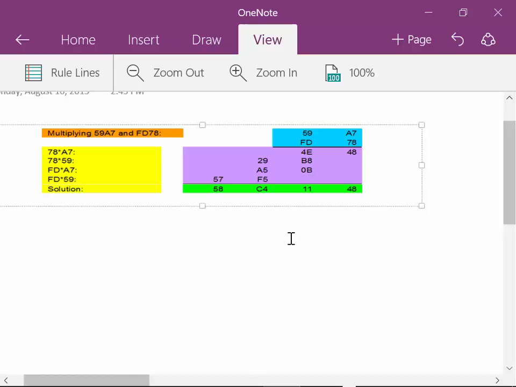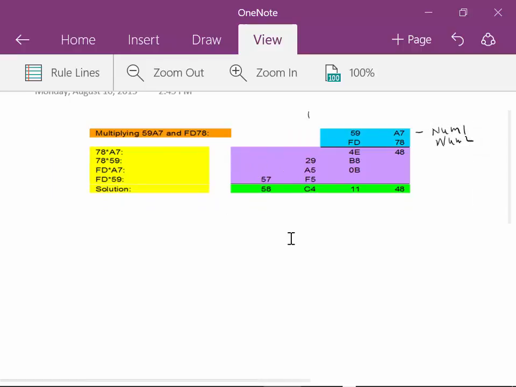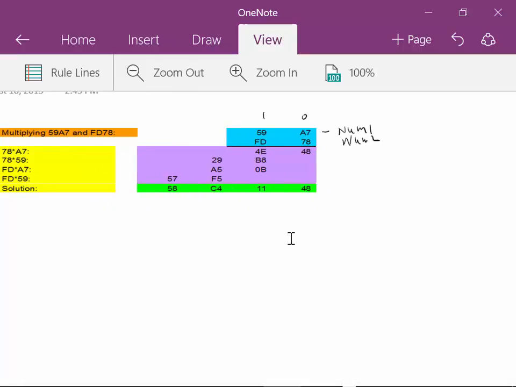Okay, well, let's just look at what we got here. This is num1, right? This is num2, right? This is 1, 1, 0 right there. Now we stored these right here. 48 is stored in location 30, right?